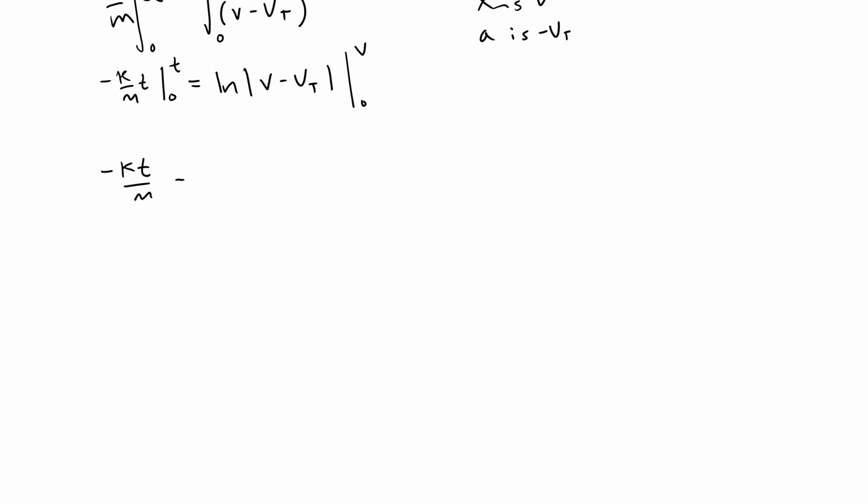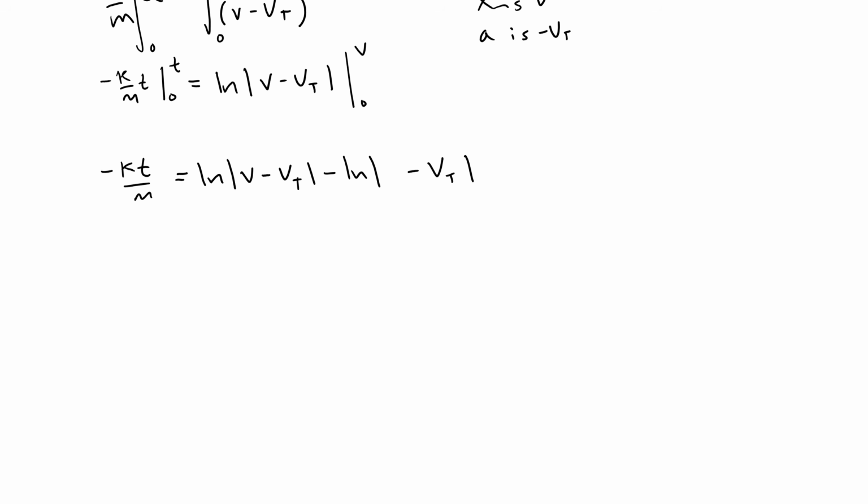My right-hand side is going to be equal to the natural log of v, I plug in v, minus vt, minus the natural log of 0 minus vt. Now here we run into a problem. 0 minus vt isn't 0. In fact, it's just going to be negative vt. So I can't get rid of that logarithm.